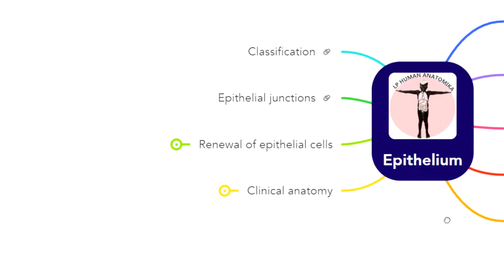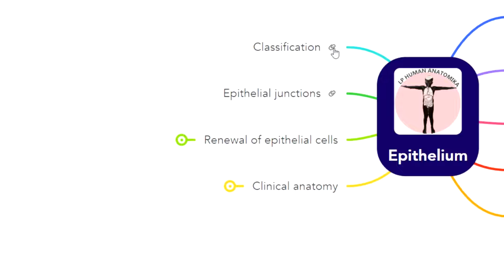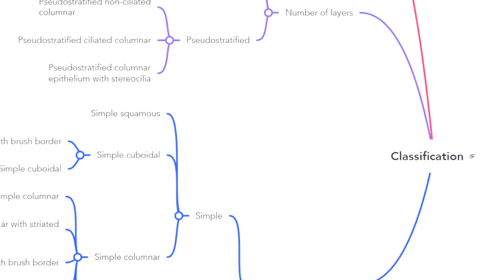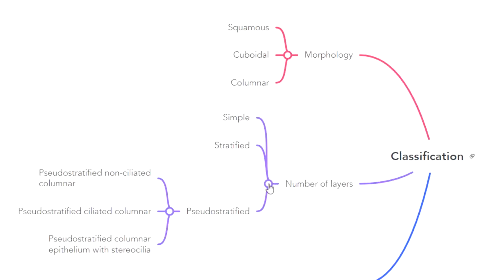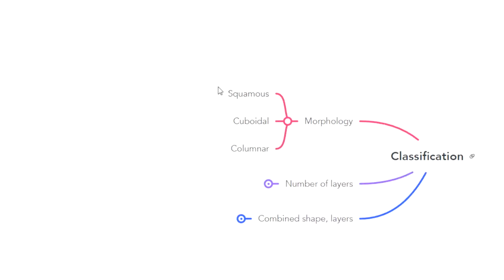Coming to the classification, we all know it is classified based on the morphology. Morphology is divided into squamous, cuboidal and columnar cells.